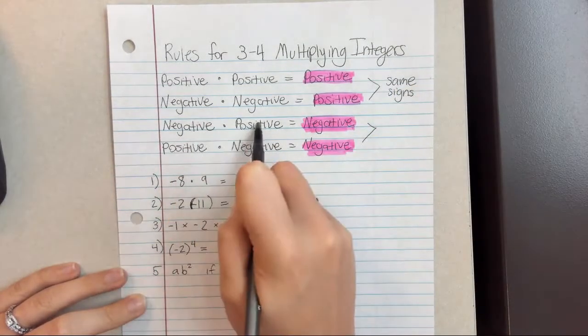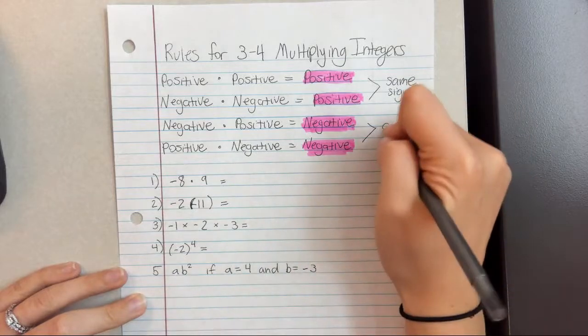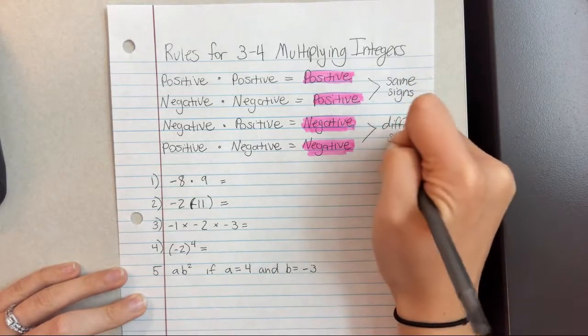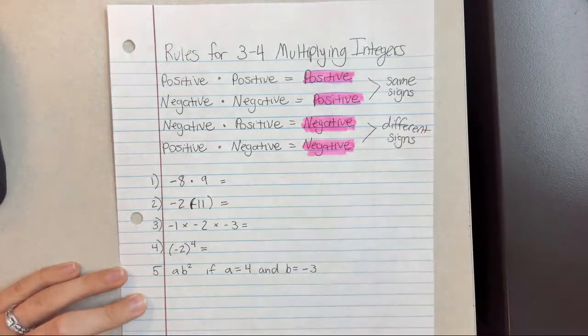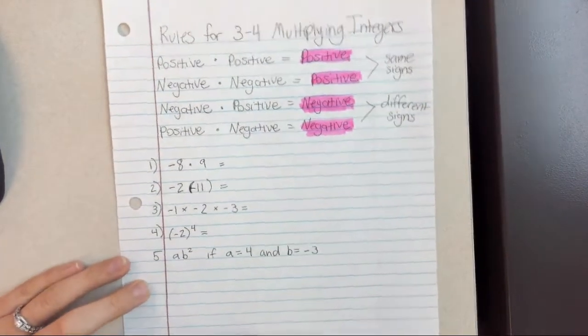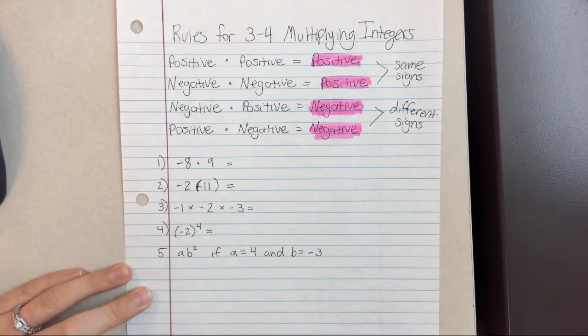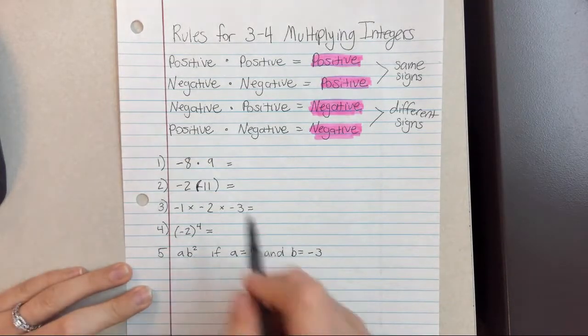Here, both of the numbers are different signs, and so when it's different signs, it's going to be a negative answer. So when we looked at these in class, these are 5 examples of everything we did in class today.